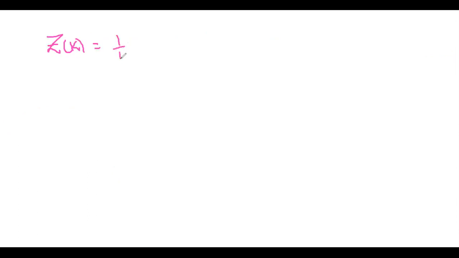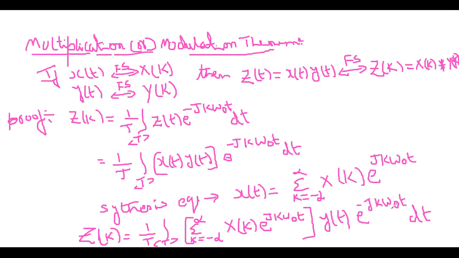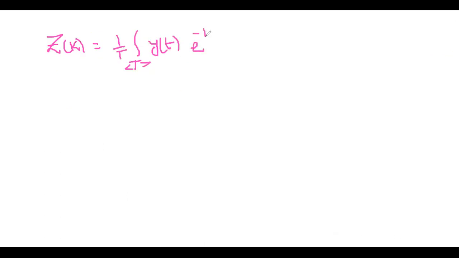1 by T, the integral over T, and we have the y of t there, and e power minus jk omega naught t dt. Total 3 terms, not 3 equations here: y of t and e power minus jk omega naught t dt.